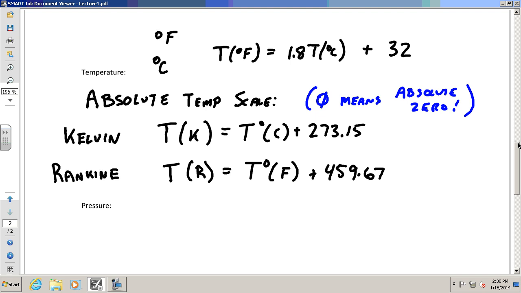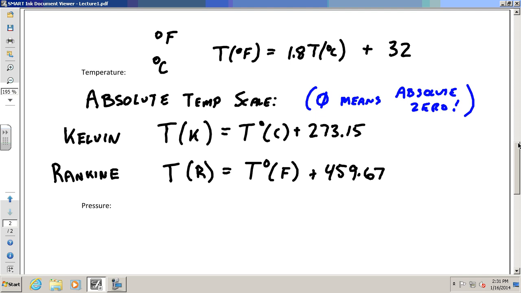Now, one of the confusions students have in thermo is they'll say, okay, this is all well and good, I get it. There's Kelvin, there's Rankine, I just learned this. I know that I can take the same temperature and have it either in Celsius or Kelvin, either Fahrenheit or Rankine, or even convert between the two systems. Sure, whatever. I can do all that.